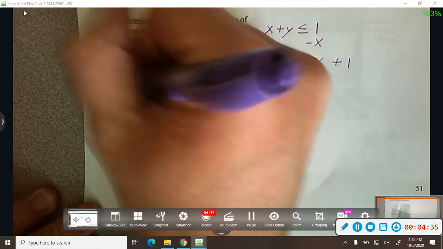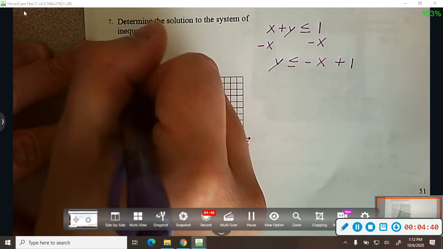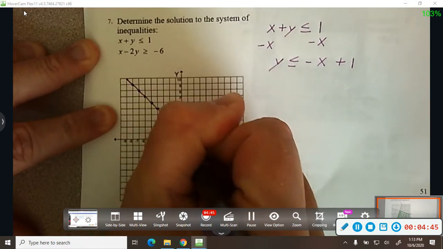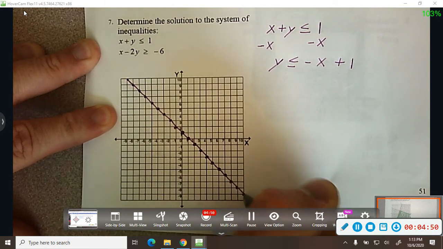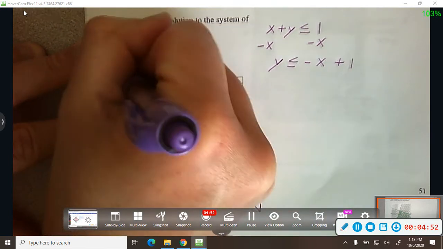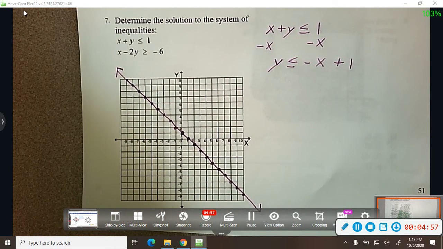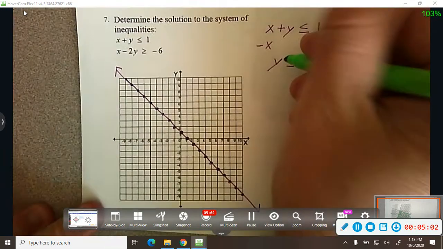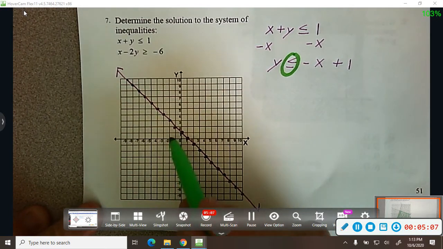Technically, to make a line, you only need 2 points. But I like to draw them all out. It makes it easier to make a straight line because I have more dots to connect. Or you can use what some people call a ruler. Now from there, this symbol right here: if it's less than, that means shade underneath.